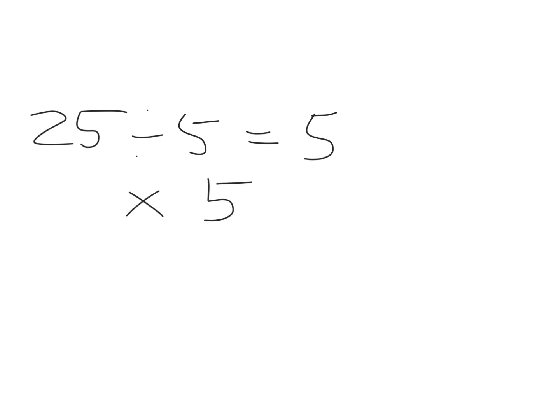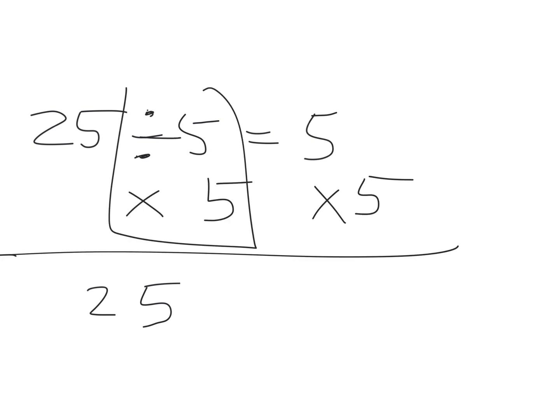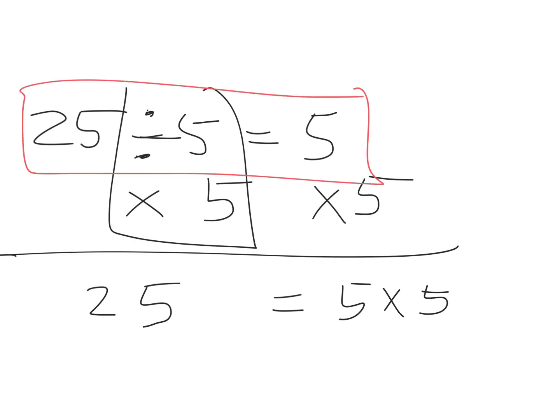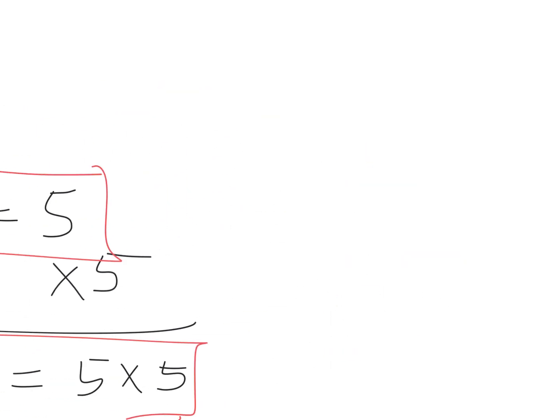Let me just give you an example of this in a different context. If I said 25 divided by 5 is 5, could I rearrange that and multiply both sides by 5? Then the divide by 5 and times 5 cancel, and 25 equals 5 times 5. The original fact was a divide and the other one is a times, but they're both facts, they're just rearranged. It's kind of like if I said 1 plus 7 is 8, so 8 minus 1 is 7.